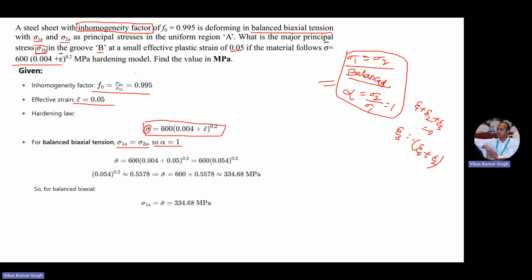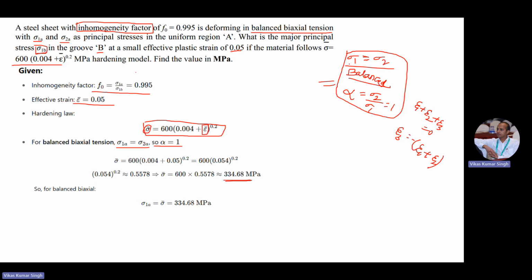We only have to put in the effective strain, and we will get the effective stress. After putting in this value, we get 334.68 megapascal.